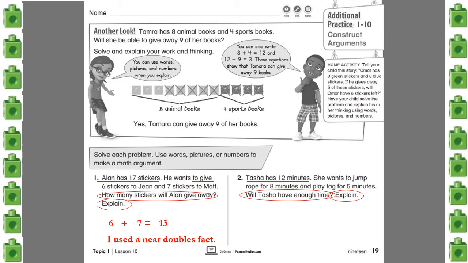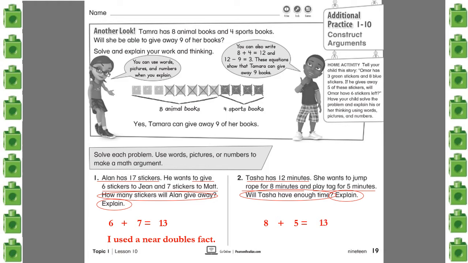Well, maybe our first step is to figure out how much time she will need to do the things that she wants to do. So, 8 minutes to jump rope, 5 minutes to play tag. 8 plus 5, we could figure this out any number of ways. Maybe you even know it in your head already.